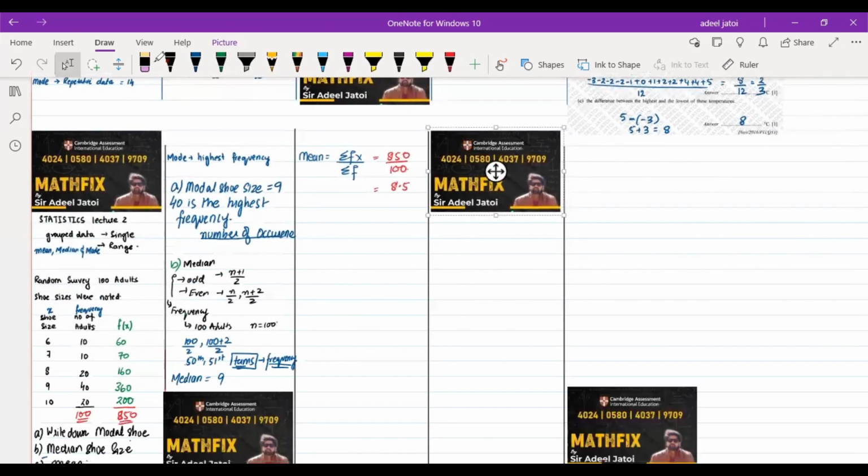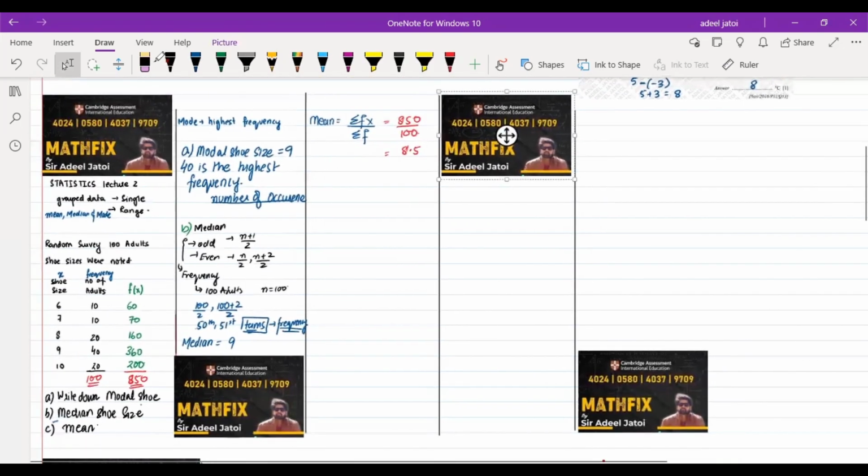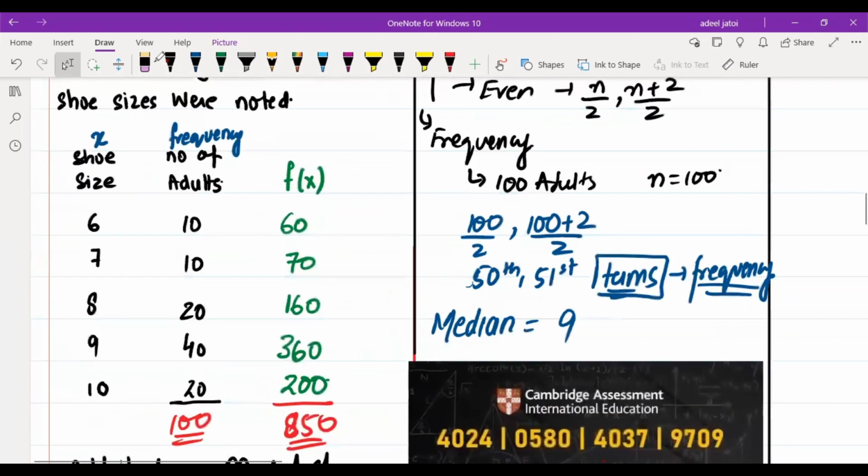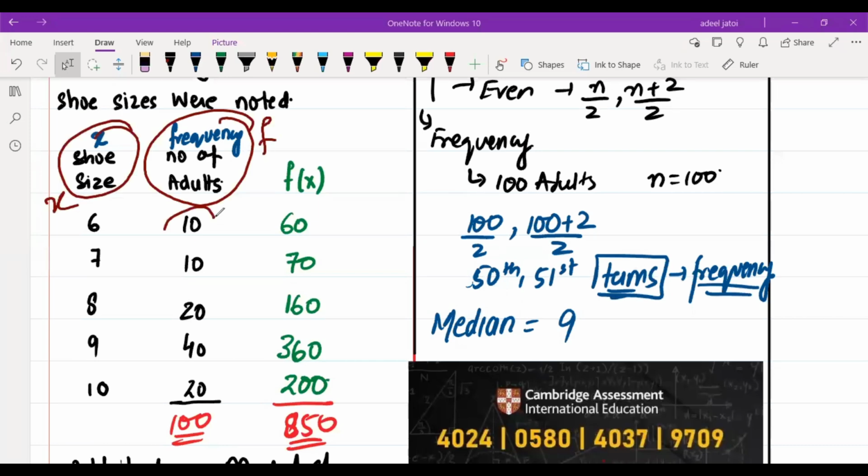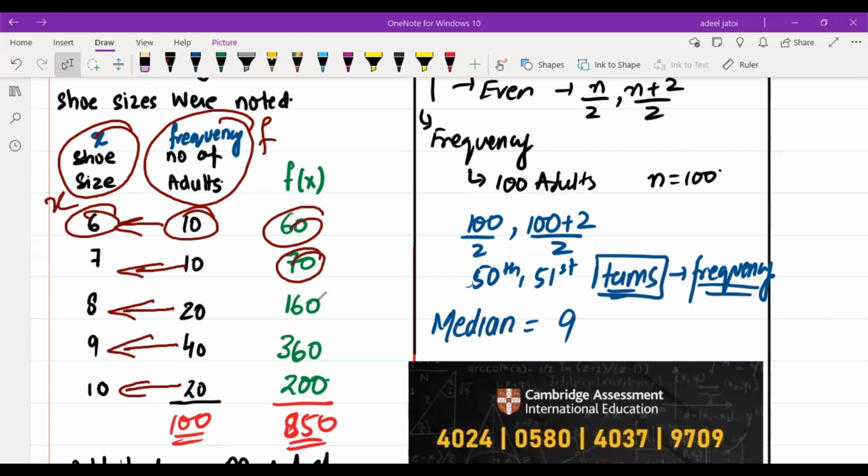So whenever I need to find the mean, we will always multiply the f. This is your f. This is your x. You multiply this f with x, f with x, f with x. This will give you your fx values. And when you add the entire f, this will give you summation of f.